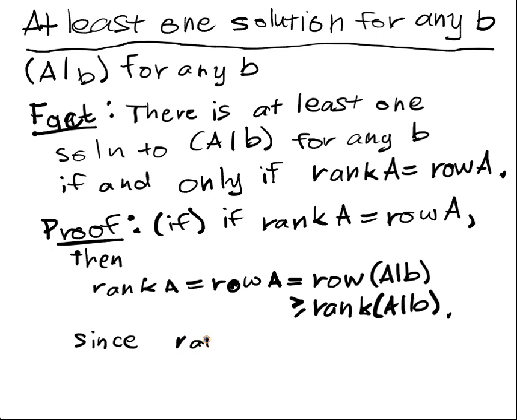that the rank of A is less than or equal to the rank of A augmented with B. We talked about that last time. This also holds. So this has to be greater than or equal to a number, and it has to be less than or equal to the same number. So that number is the same.